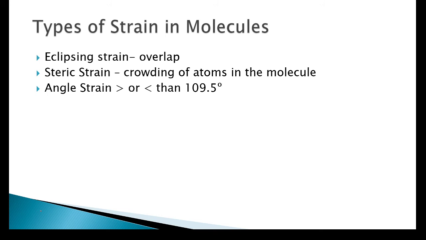Steric strain is crowding of the atoms in the molecules, like the two methyl groups next to each other, or the chlorine and fluorine next to each other. We don't want that. And finally, angular strain. Our angle strain is: if I'm an sp3 carbon, I want to be 109.5. Well, that ring structure is not letting me be 109.5, so we don't like that.